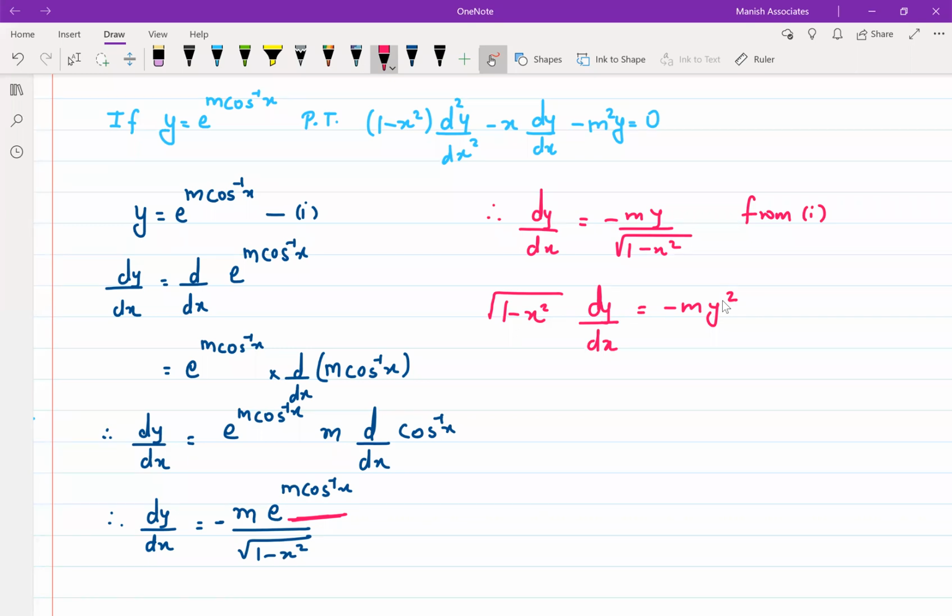Fine. Now you keep an eye on the answer. The answer has only 1 minus x square, but here I am having a root, so I'll square.